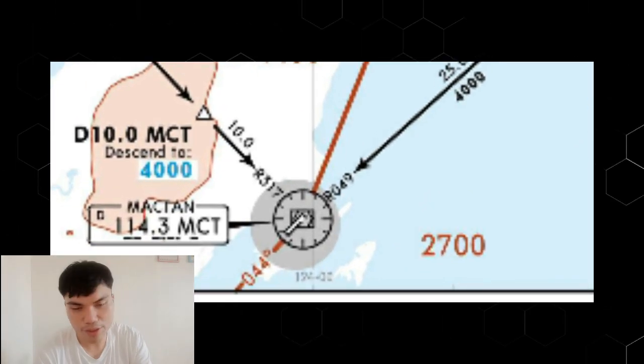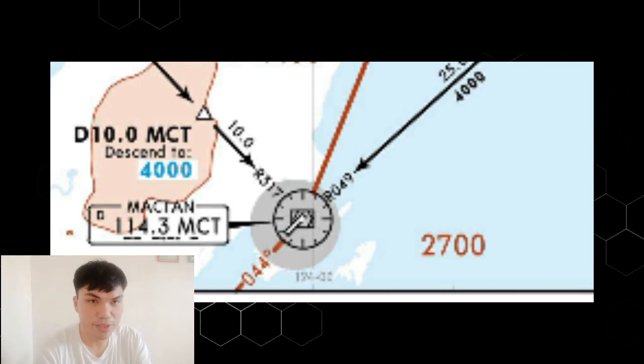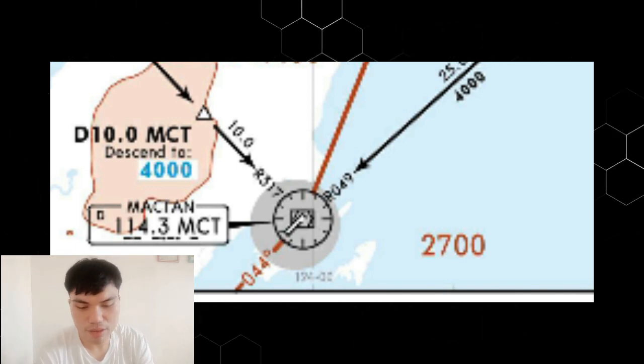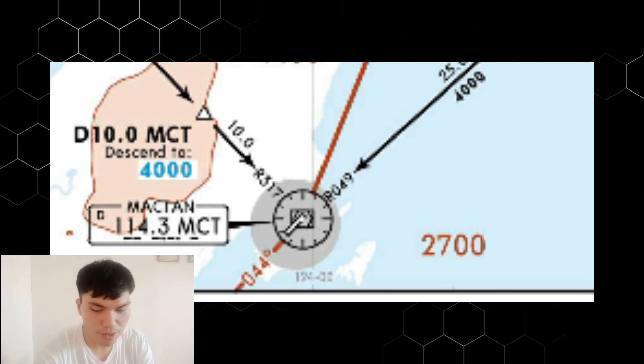What are the altitudes at every intersection? So I'm gonna start from RPVA to RPVM. From RPVA to Ponso, that's 6,000 feet.